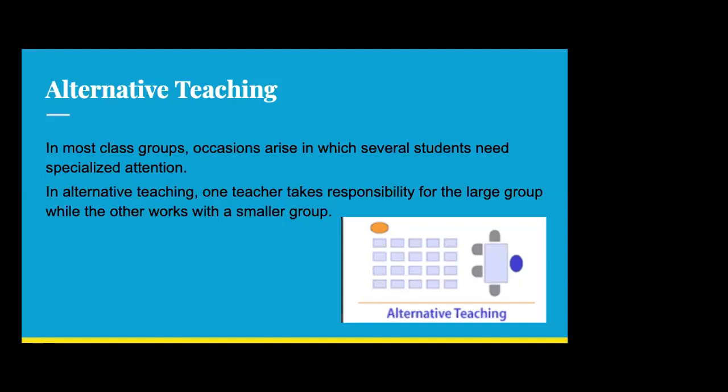Okay, so you've got like 3 or 4 kids, maybe 5 kids that are still just struggling with money, and you're going on to adding money or something like that. So that paraprofessional or that aide can pull that small group and work on number identification.